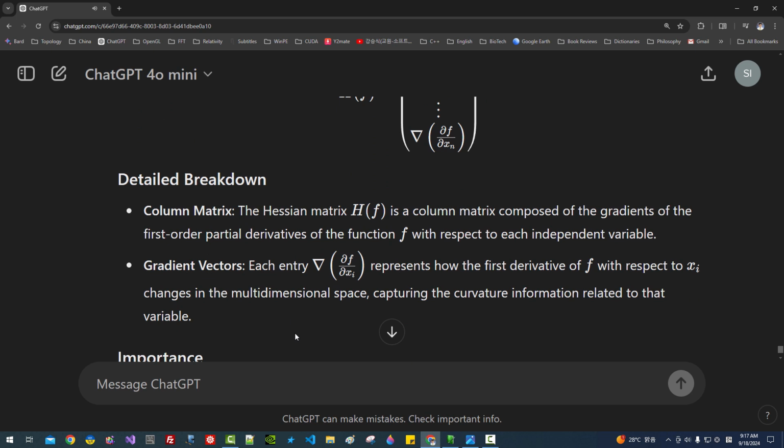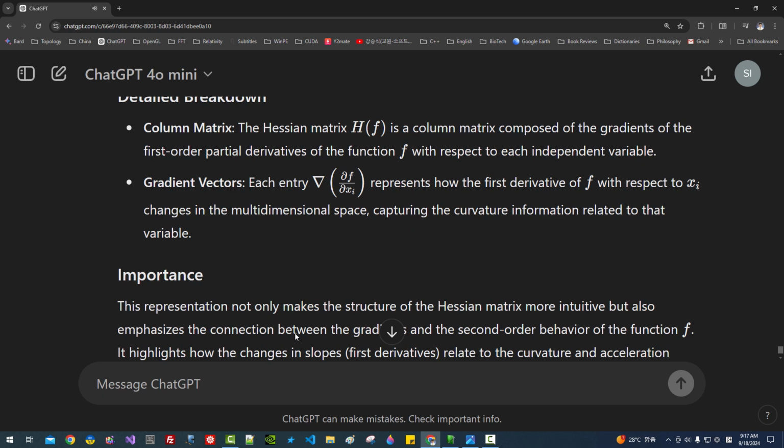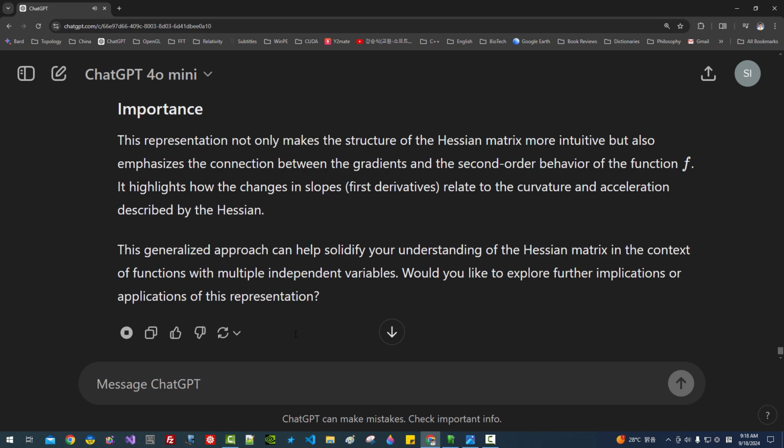Gradient vectors. Each entry nabla (partial f over partial xi) represents how the first derivative of f with respect to xi changes in the multidimensional space, capturing the curvature information related to that variable. Importance. This representation not only makes the structure of the Hessian matrix more intuitive, but also emphasizes the connection between the gradients and the second-order behavior of the function f.